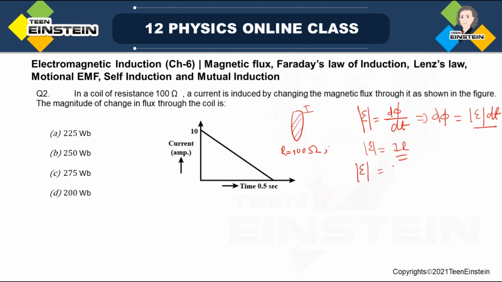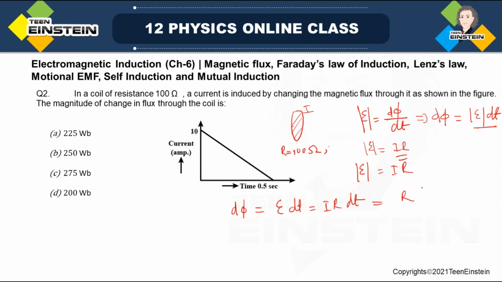Now again, from this relation we know E is equal to IR. If we put it here, d phi, that is the change in the flux, is equal to E dt, that means IR dt. Now if you want to find the change graphically, see, this is the graph shown how the current changes with respect to time.